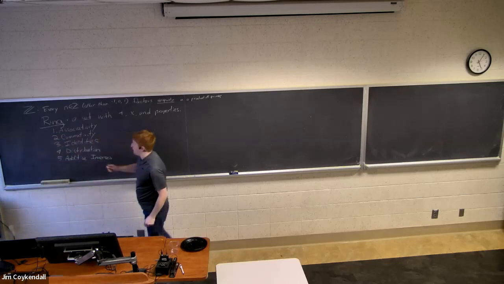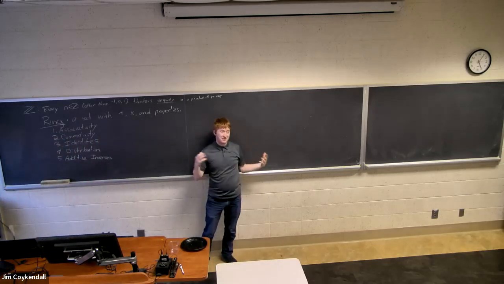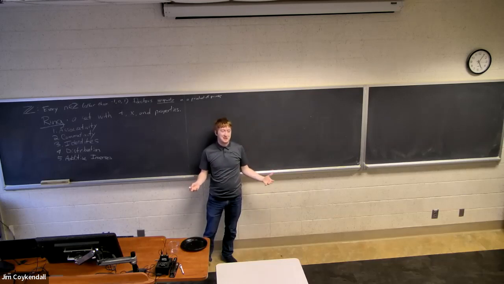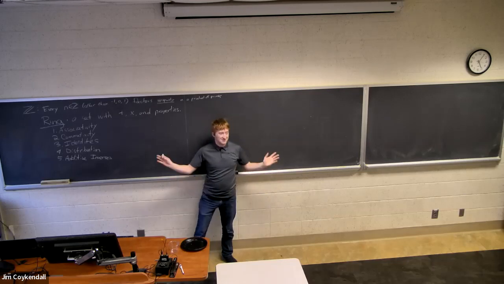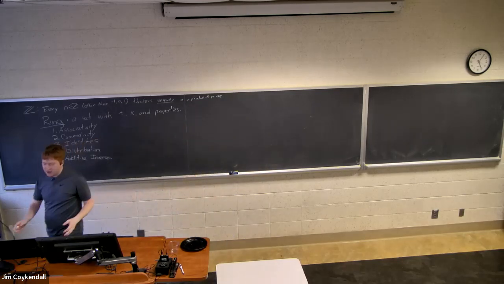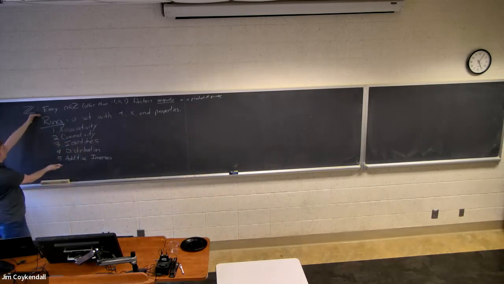We're not actually going to require that we have multiplicative inverses, because if we do require that, everything just gets kind of boring, and so we're not going to require that. And this is what we're going to be working with, a ring.